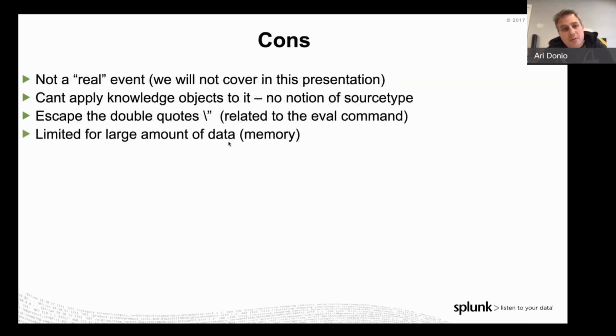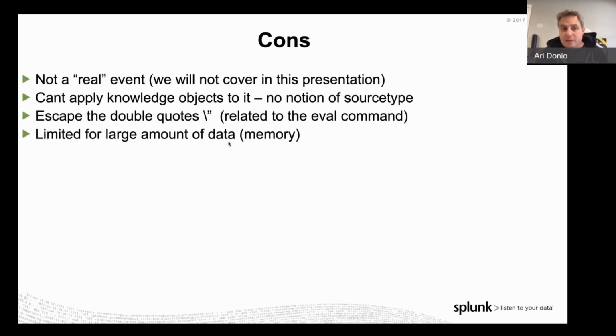Some cons about make results and gentimes. It is not a real event. We will not cover that in this presentation, and if you have any questions about it, feel free to contact me and I'll provide more insight. We also cannot apply knowledge objects to it, so there's no notion of sourcetype, right? There are not going to be any tags or event types or automatic search extractions that you can create.